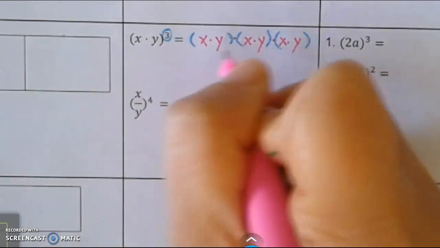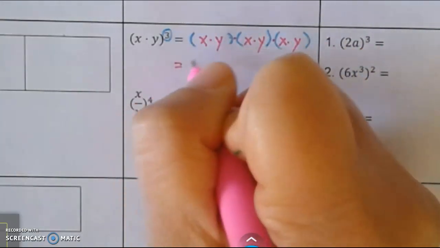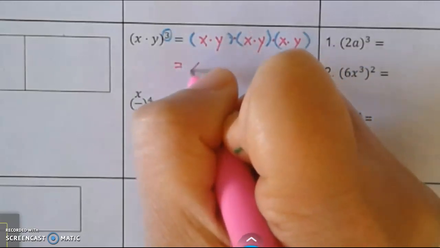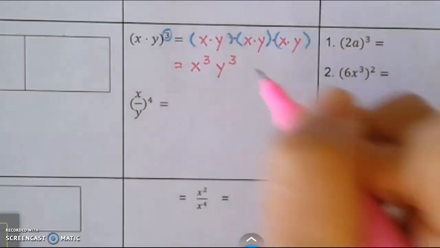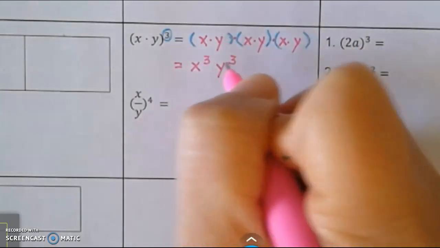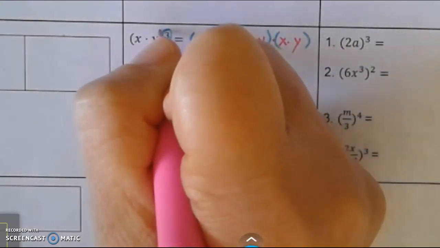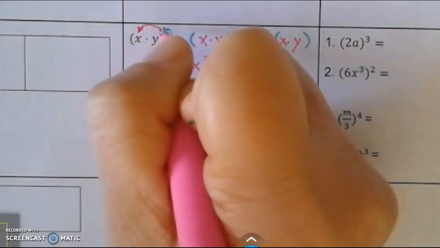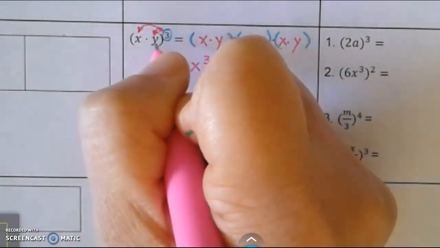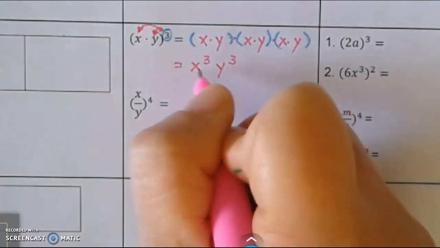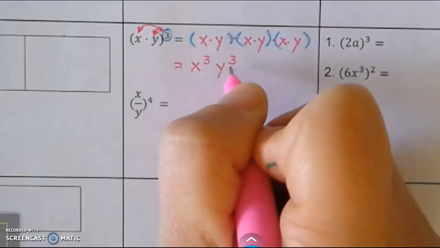Okay, so if we collect all the x's together, we have x being multiplied to itself 3 times and y being multiplied to itself 3 times as well. It's almost as if this 3 is distributed or passed out to both x and y, and that's how you get x to the power of 3 times y to the power of 3.